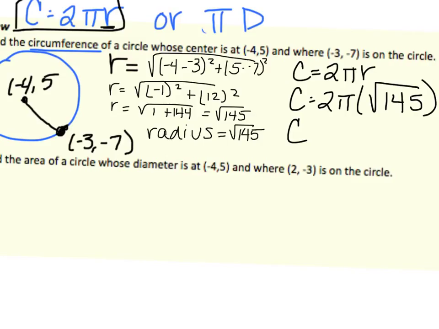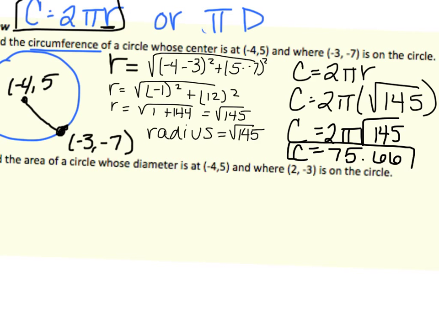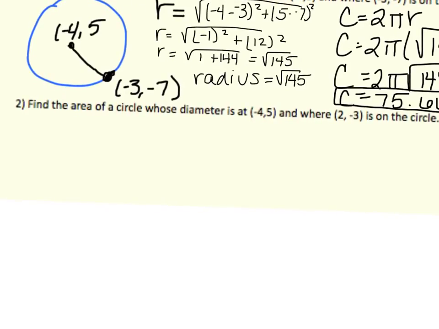You could leave this in exact form, 2 pi square root 145, or you could put this all in your calculator, and it'd be 75.66, rounded to 2 decimal places.